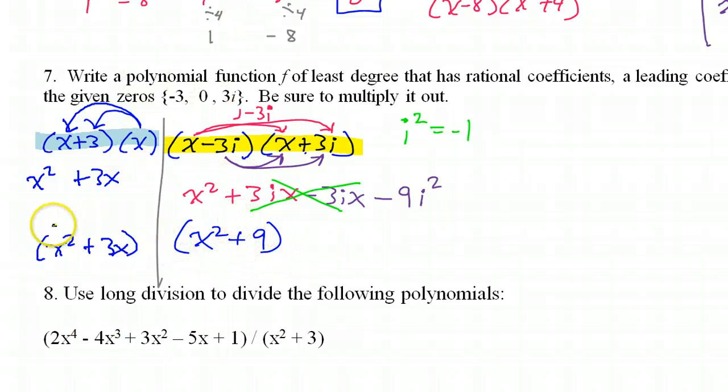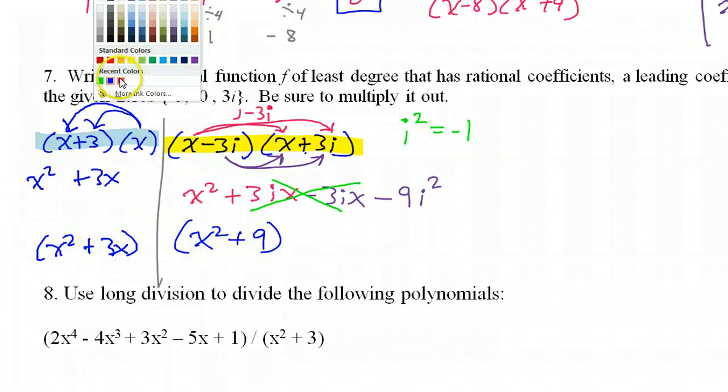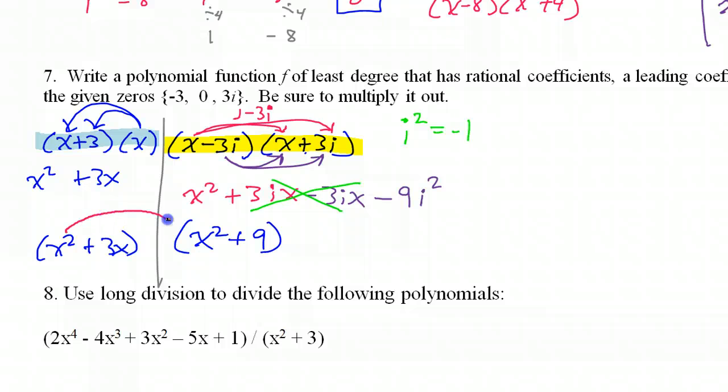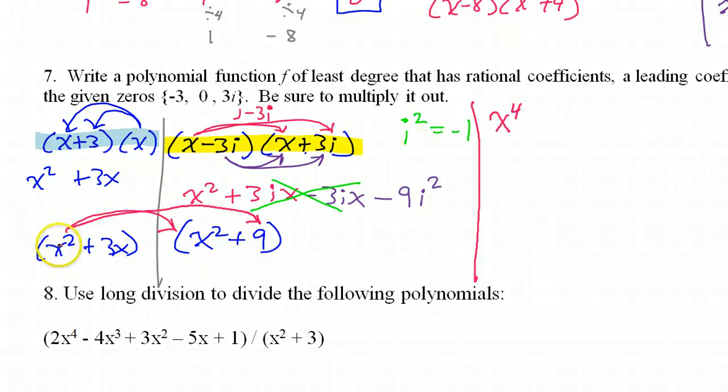So one more time, I need to multiply these together with the distributive property. So I'm going to do x squared times everything. Alright, I think I'll put it over here. So x squared times x squared is x to the 4th power. x squared times 9 is 9x squared.